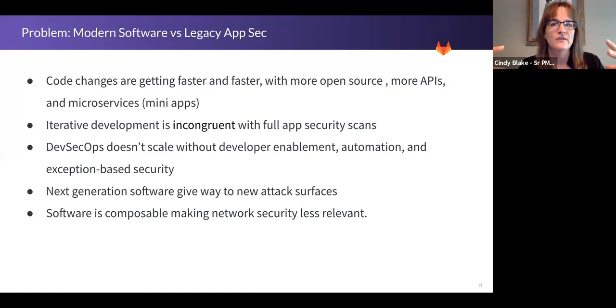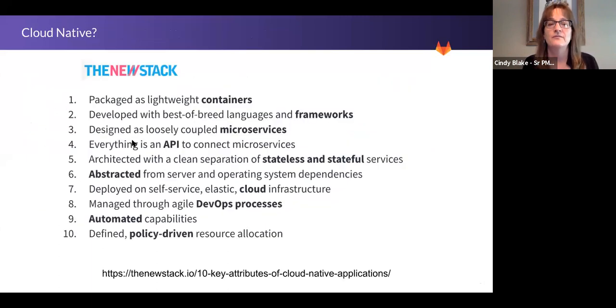There's no longer that perimeter, because the perimeter now is just the application itself and the container. So you really need to think differently, because network security is not going to be your fallback for protection.